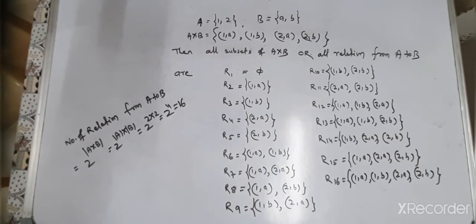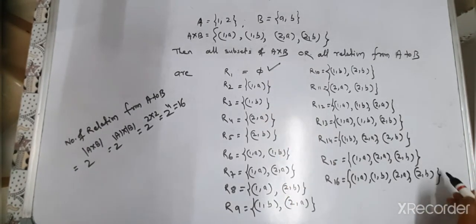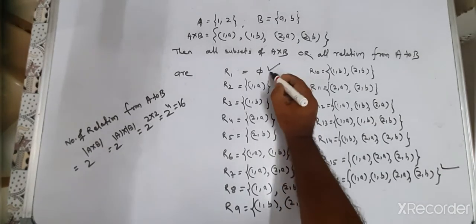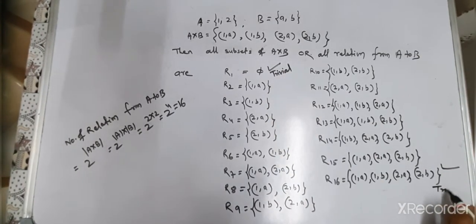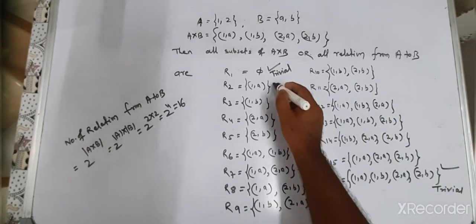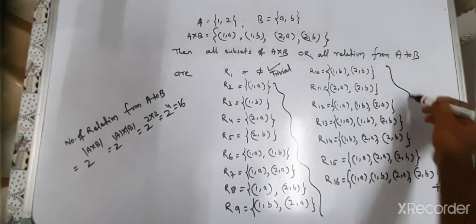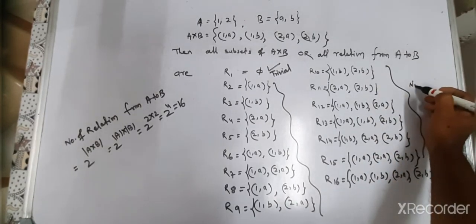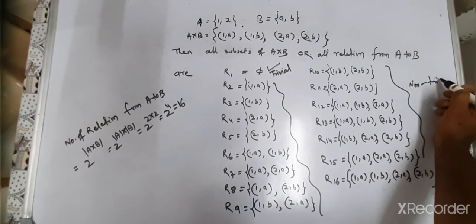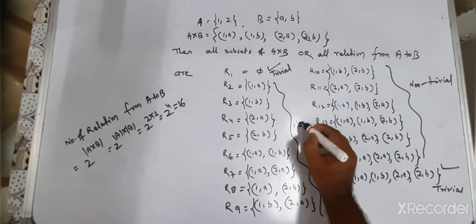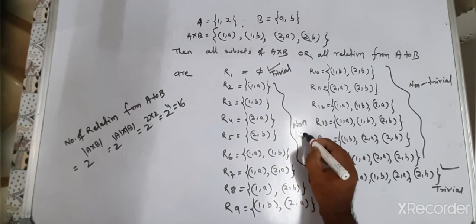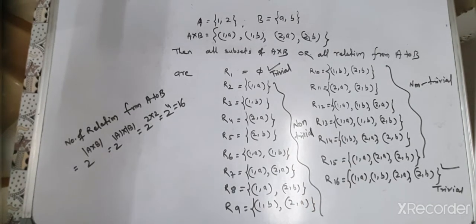And here these two are called the trivial relations. This is trivial, and this is trivial. And all the others, these 14, are non-trivial relations.